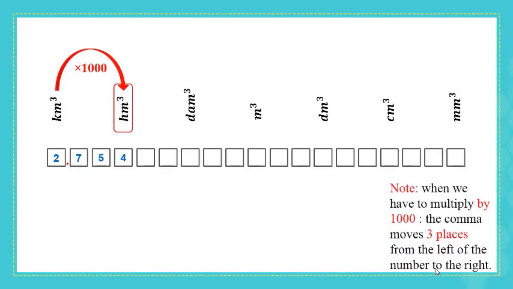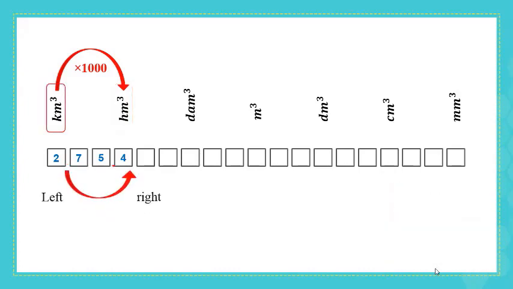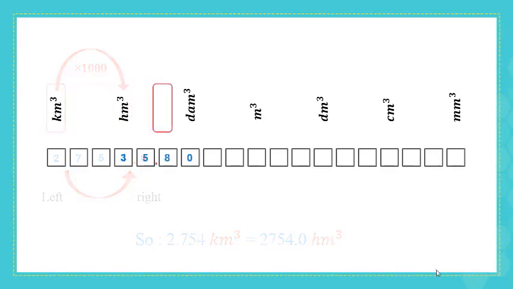When we have to multiply by 1000, the comma moves 3 places from the left of the number to the right, like this. We put 0 in the blank box, so 2.754 kilometer cube equal 2754 hectometer cube.